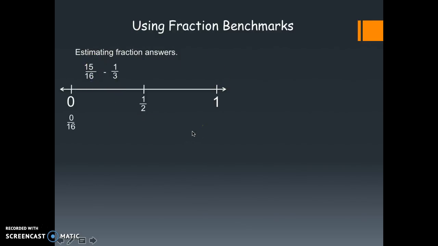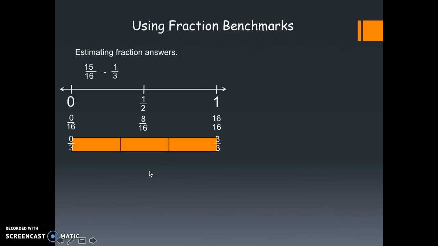15/16. So if I divide this fraction bar into 16ths, 15/16 is very close to 1 whole. Now, when I try to divide this into thirds, it's easy at the start and the finish, but it's a little bit tricky to think of what is half of 3/3. That's going to be about 1.5.